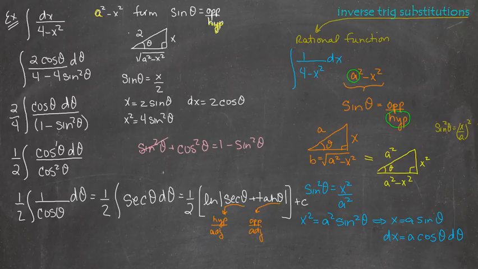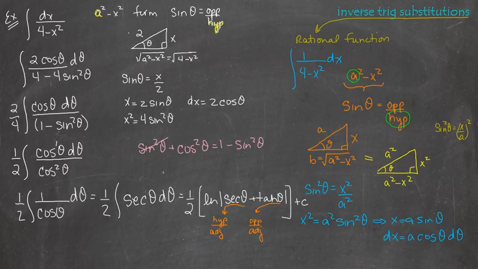So we're going to plug in values from this triangle that are secant theta and tan theta, which will bring us right back to our values in x. First, let's go ahead and substitute a squared. We know that a is 2, so this would be 4 minus x squared. That'll save us an extra step in the plugging in stage.